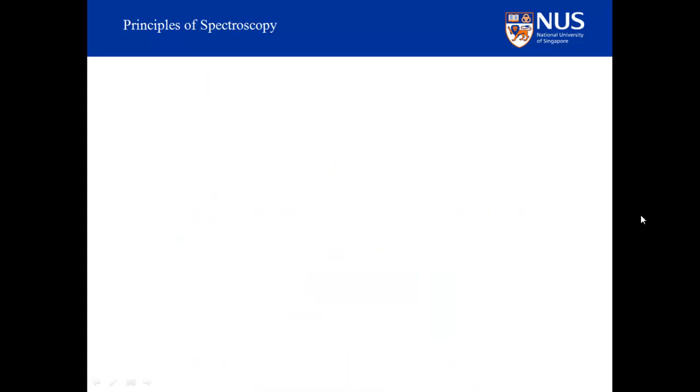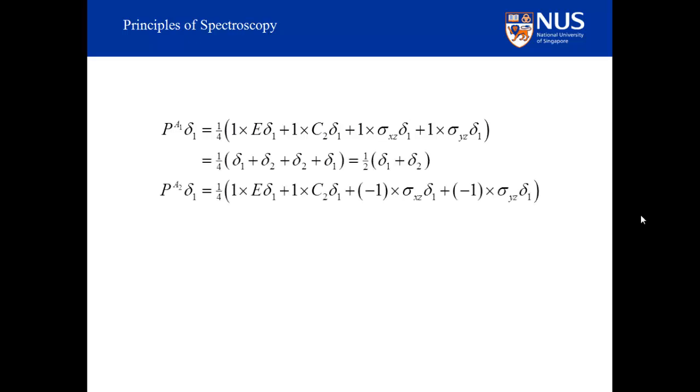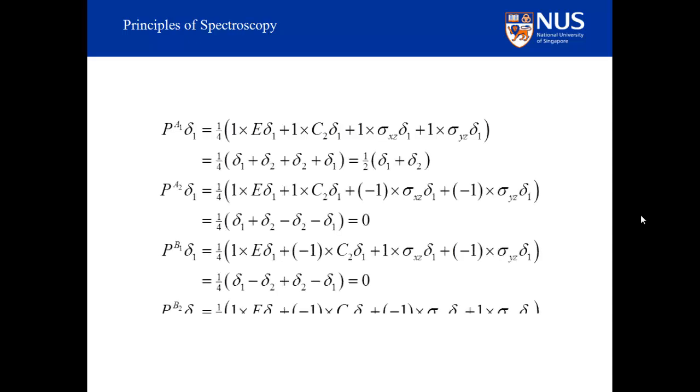Once again, it is easiest to see what is going on by doing an example. Let's apply the projection formula to our basis delta 1. The projection of symmetry A1 on delta 1 is given in the top row.